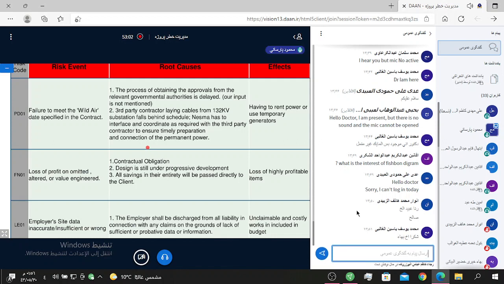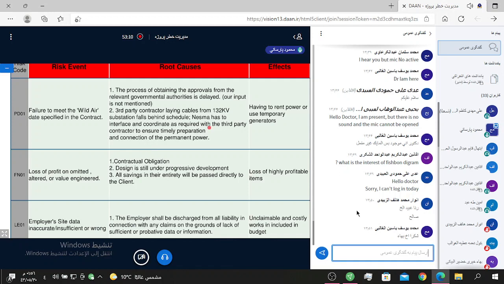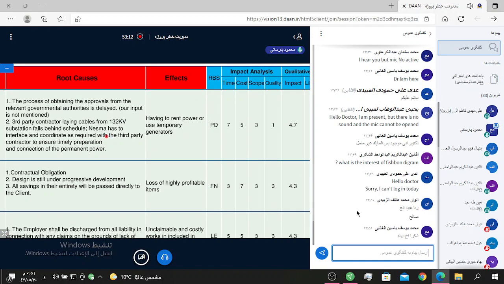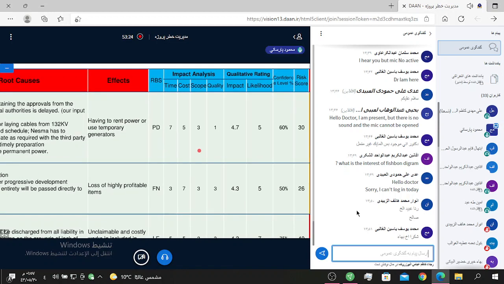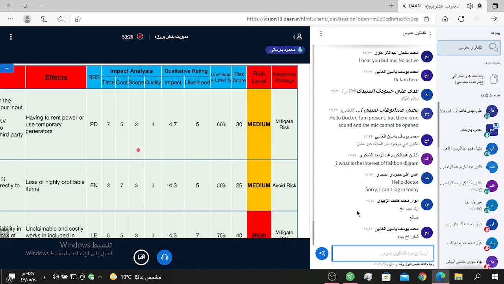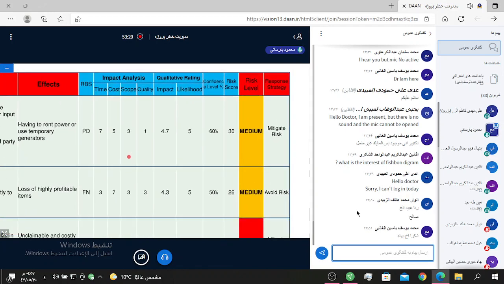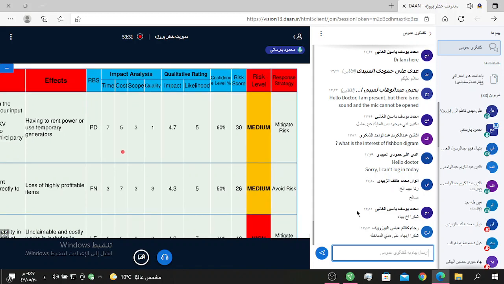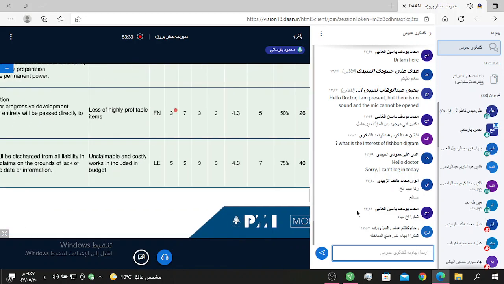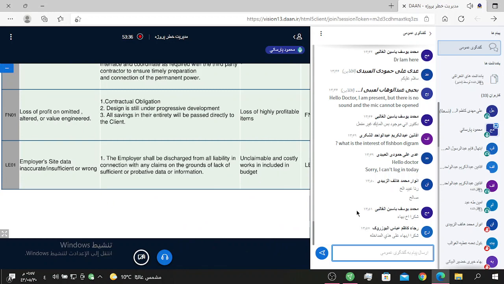Bracket, our input is not mentioned. And other items, and about the effects of this risk, having to rent power or use temporary generators. And these numbers about impact analysis, about qualitative rating, and others are according to the internal standard in this example.